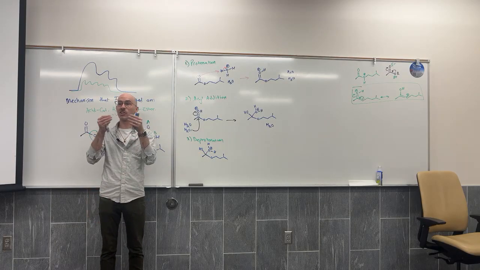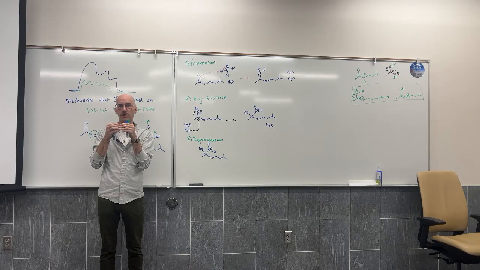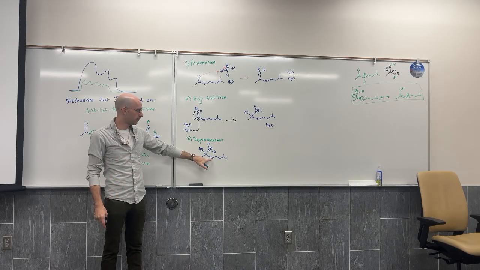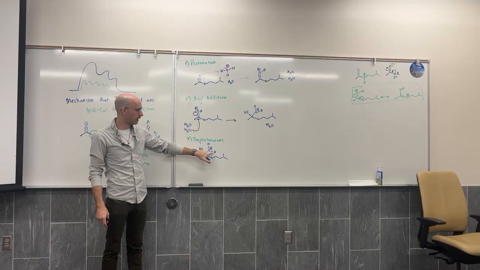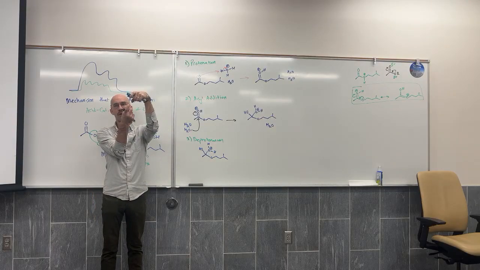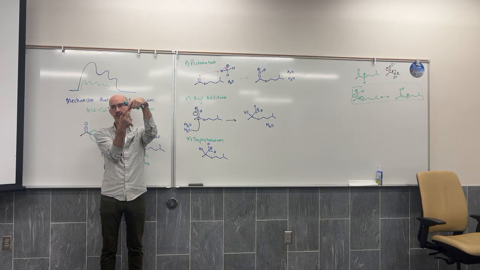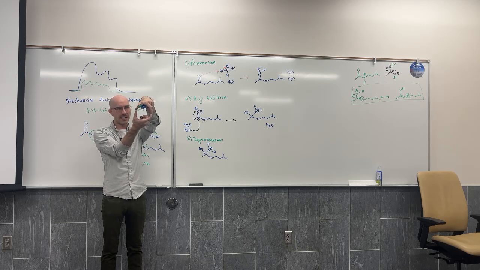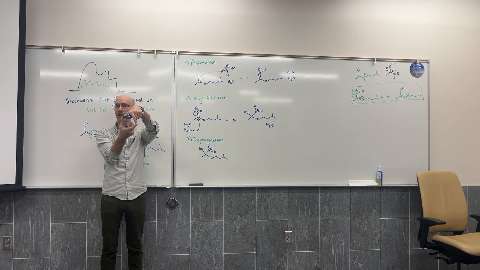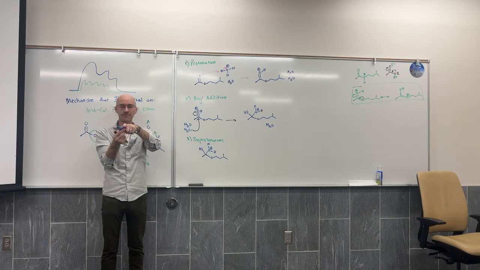That would be considered an intramolecular proton transfer. But in order to do it, 1, 2, 3, 4, this 4-membered transition state would have to form. Very tight bond angles. Very hard to actually get it to do this.